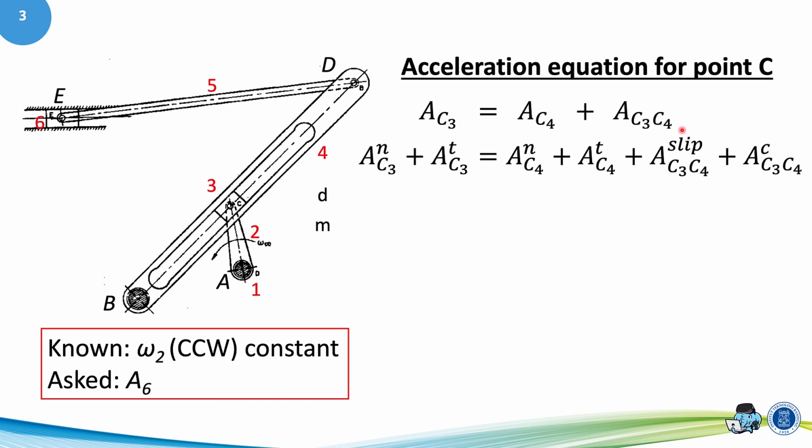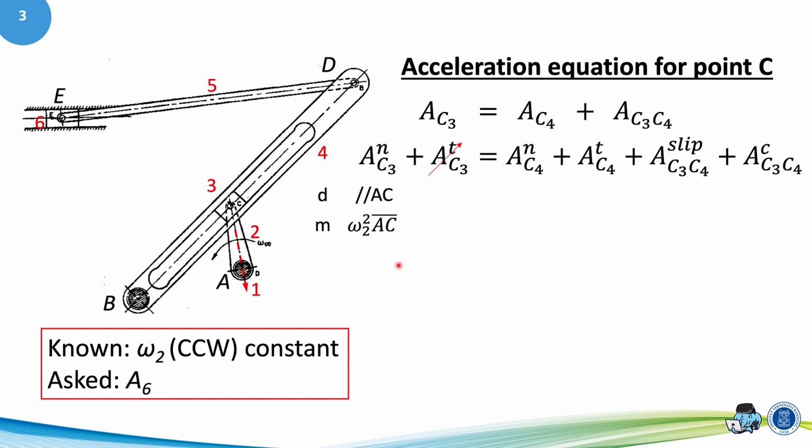So the complete one will become like this: AC3 normal plus AC3 tangential equals AC4 normal plus AC4 tangential plus AC3C4 slip plus AC3C4 Coriolis. And we want to determine the direction and the magnitude of each component. But you can see here, omega 2 is constant, that's why the AC3 tangential is 0.